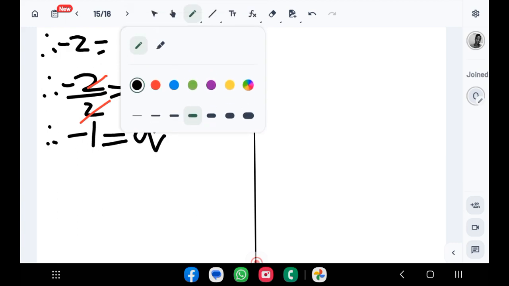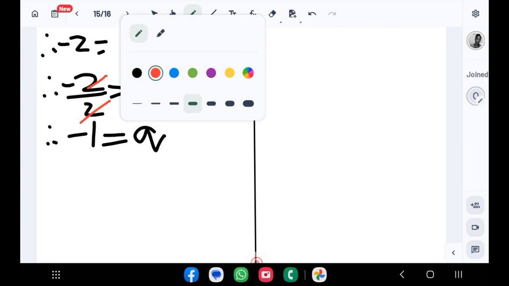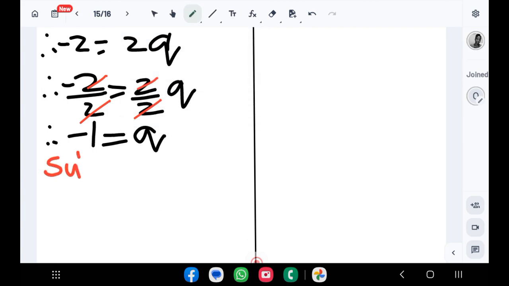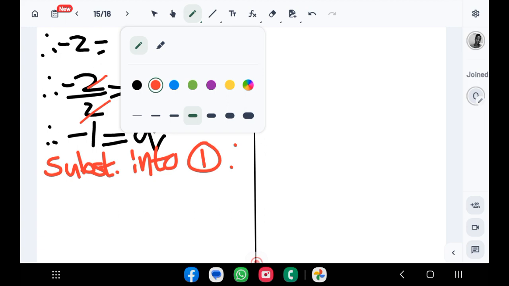So what you do is you substitute back into any of the two equations. Let's substitute into equation 1.